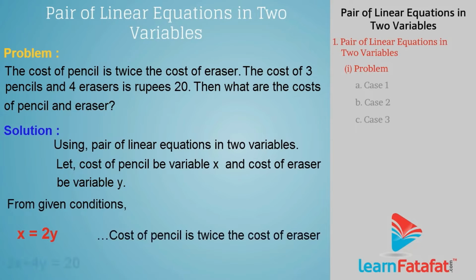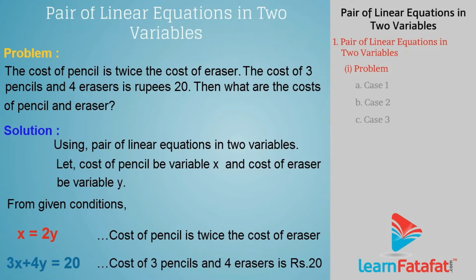From the given conditions, x = 2y, since the cost of a pencil is twice the cost of an eraser, and 3x + 4y = 20, since the cost of 3 pencils and 4 erasers is rupees 20.